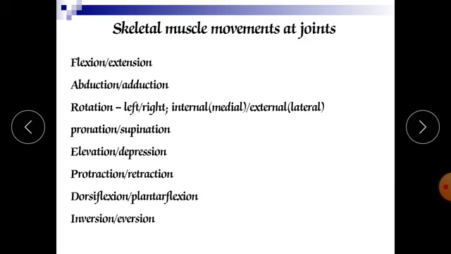Now, skeletal muscle movements. There are various types of movements in our body. First is flexion and extension. Flexion is when we decrease the angle of a joint. For example, at the joint of the neck, when we decrease the angle of that joint, it is called flexion.